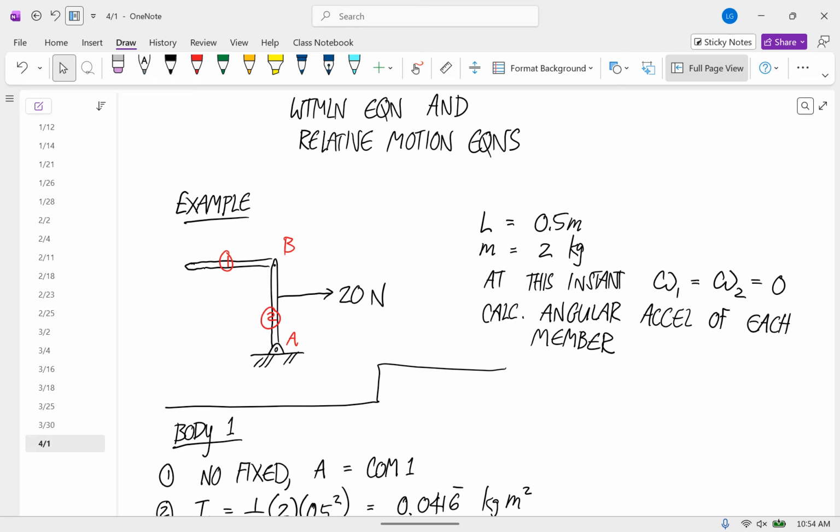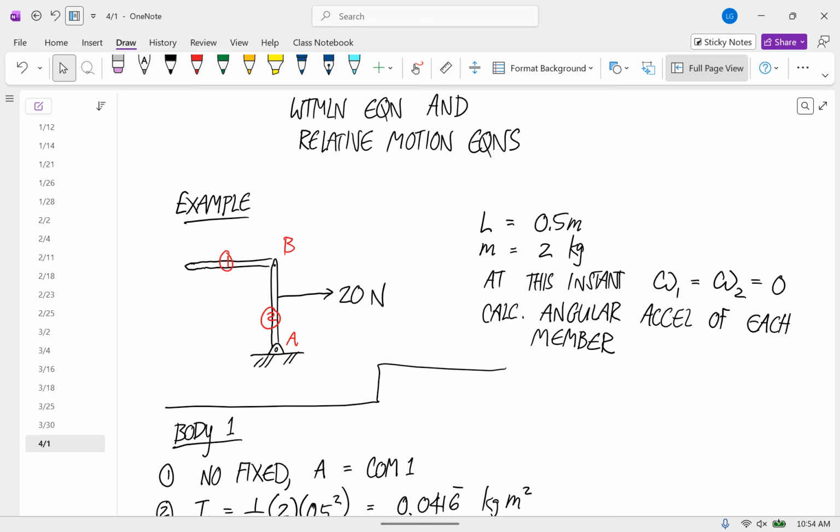What we're going to do is say that this point on body 1 has to have the same acceleration as this point on body 2. It makes perfect intuitive sense, right? Basically what we're saying is don't let these things fly around freely. They're locked together there.